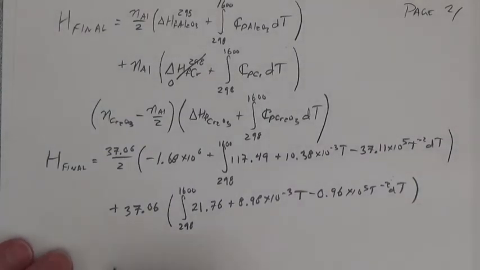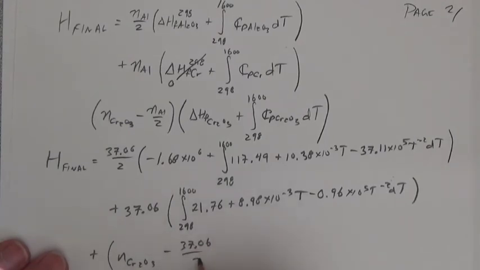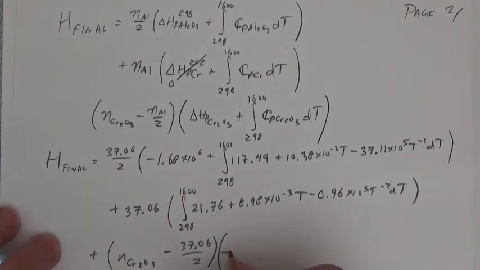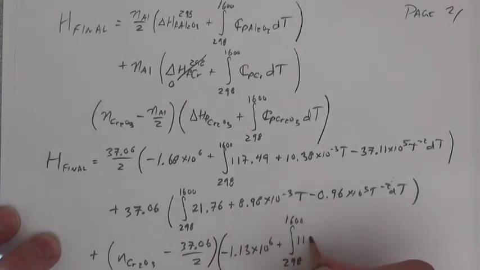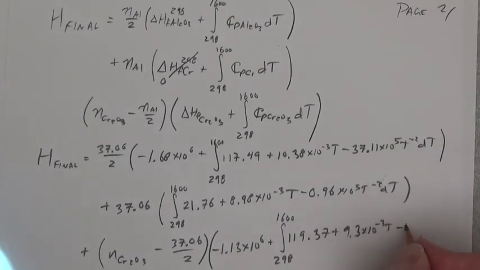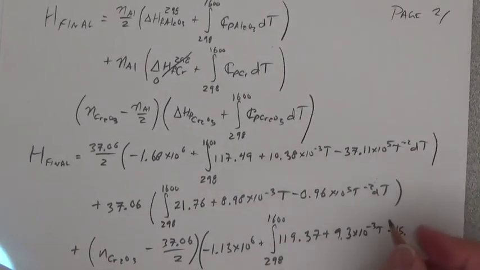And now the chromia, plus N_Cr2O3 minus 37.06 divided by 2 times minus 1.13 times 10 to the 6 plus integral 298 through 1600, 119.37 plus 9.3 times 10 to the minus 3 T minus 15.65 times 10 to the 5th T to the minus 2 dT.